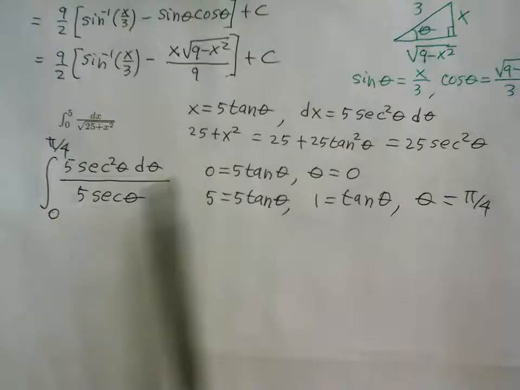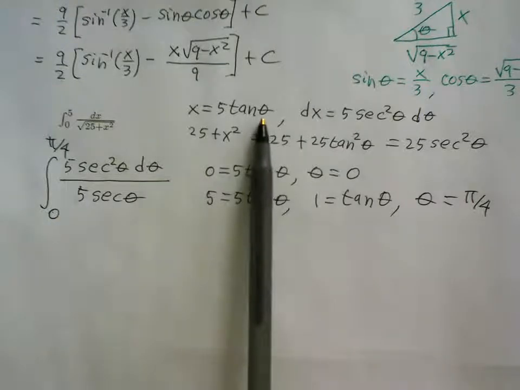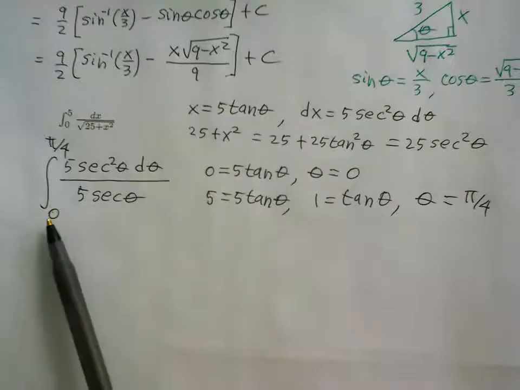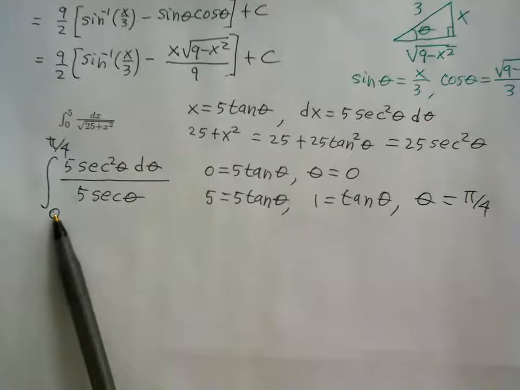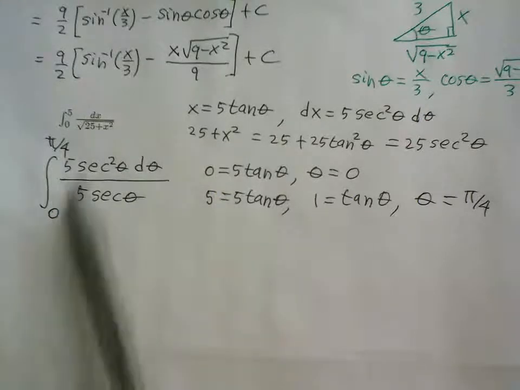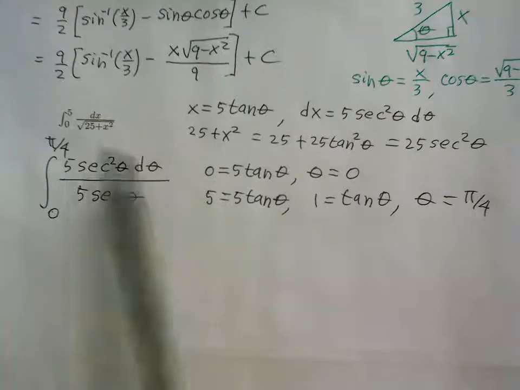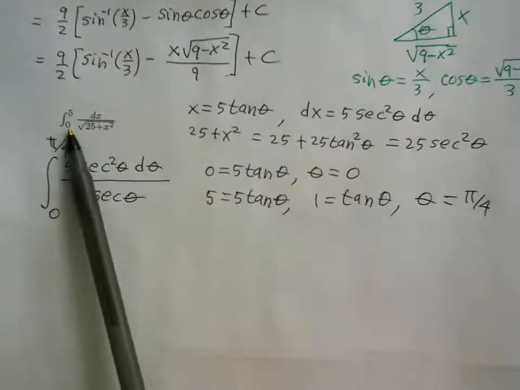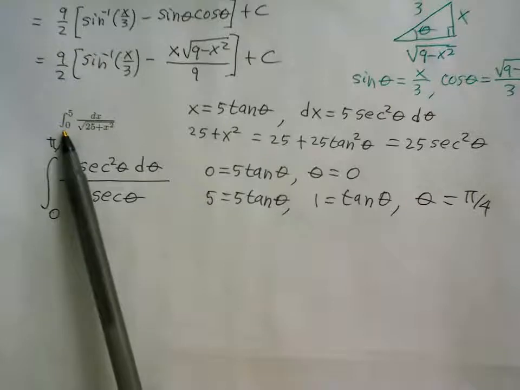since we have this trigonometric substitution as a function of theta, the lower and upper limits must be values of theta. So we find the lower and upper limits based upon the lower and upper limits for the x values.